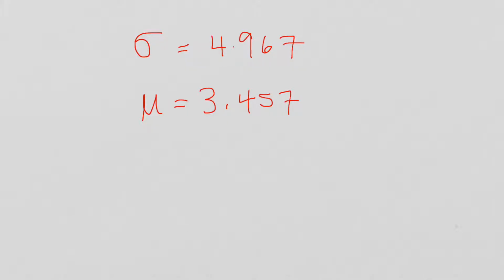My original population standard deviation was 4.967. The mean of the sample standard deviations turns out to be 3.457, which tells us that the sample standard deviation does not target the population standard deviation, and so it is a biased estimator.